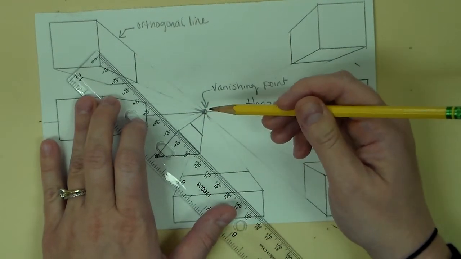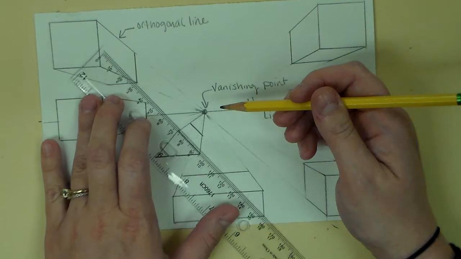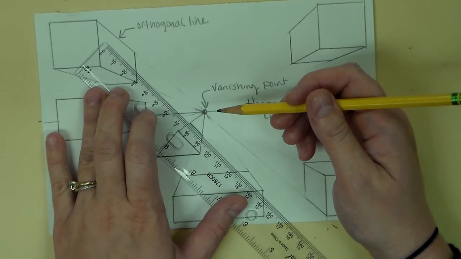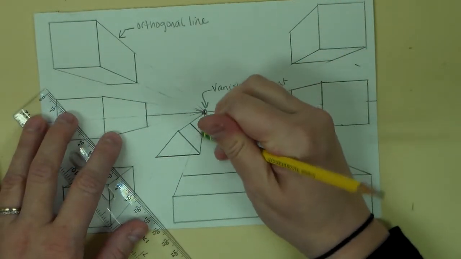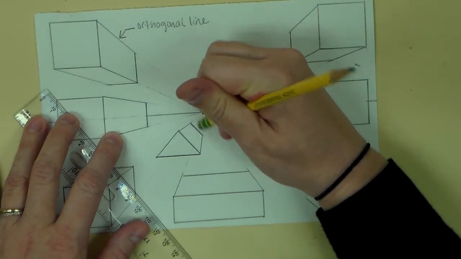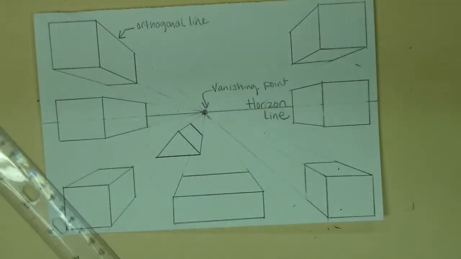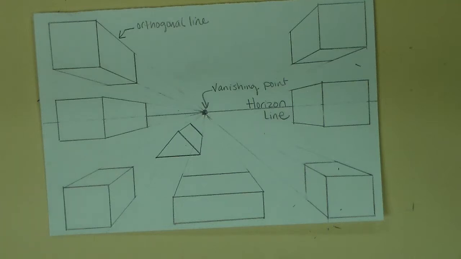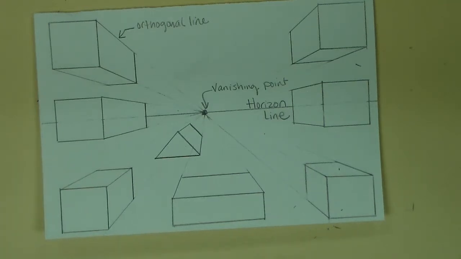So as I move my ruler back, I tried not to move it so that it falls in line with that shape. Same thing as before, do some cleanup work once I've drawn that in. And now I have a triangle shape. It's now a form instead of a shape.